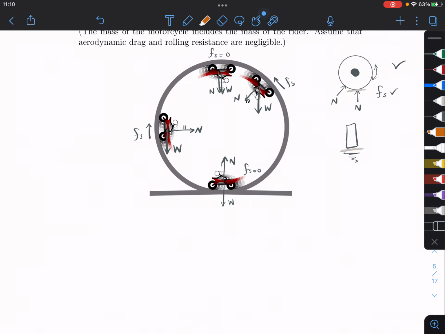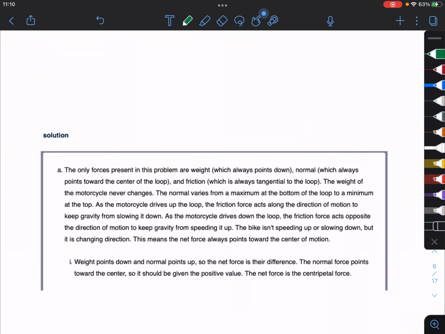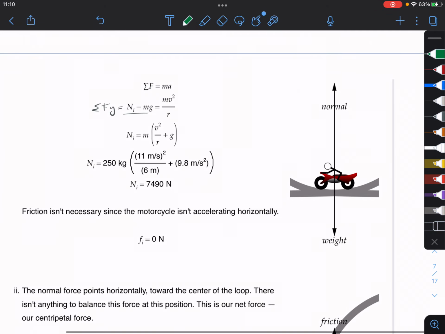remember at every single point that centripetal acceleration is always pointing along the radial direction and towards the center of the circle. Always towards the center of the circle, always along the direction of the radius at every point. So it's no exception for this first piece. Our centripetal acceleration would be pointing in this way.